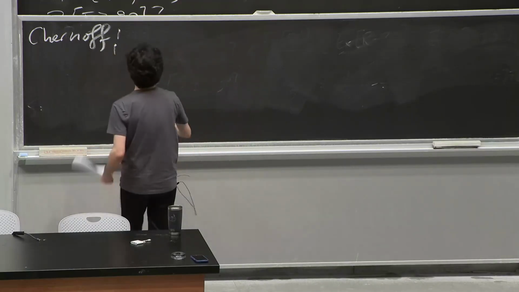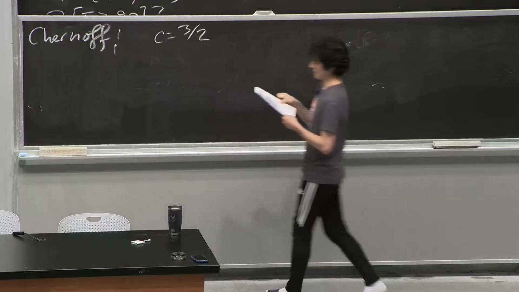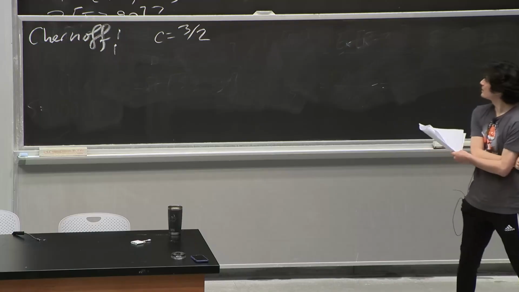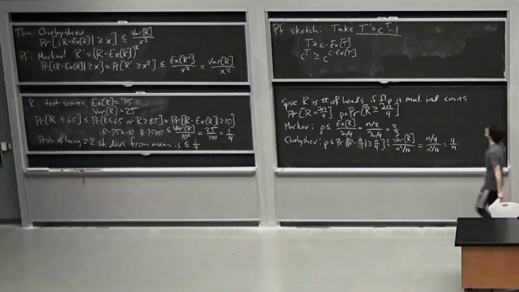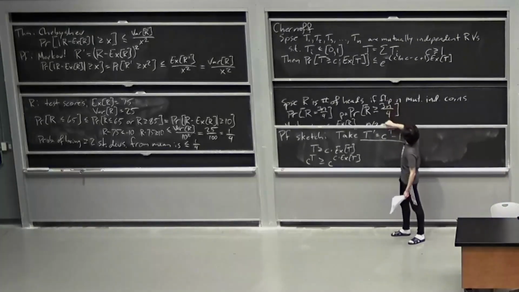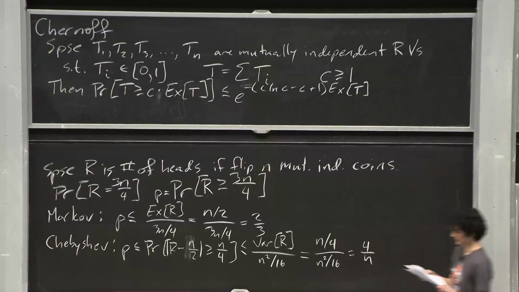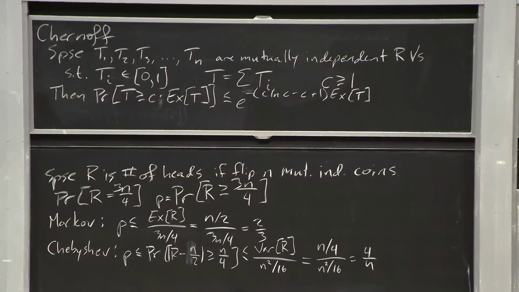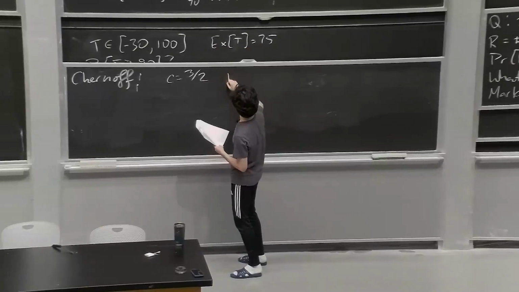Plug in 3/2 for c. So c equals 3/2. Why don't I put Chernoff back up here? And what does that give us?